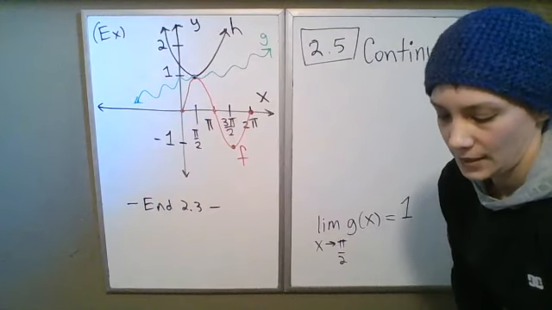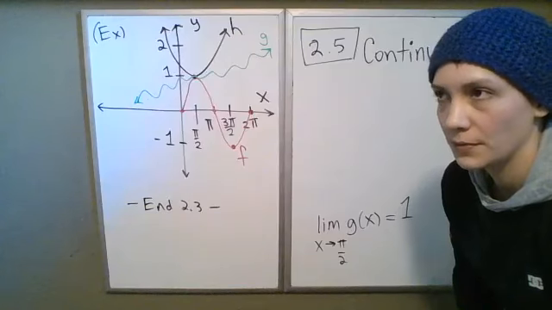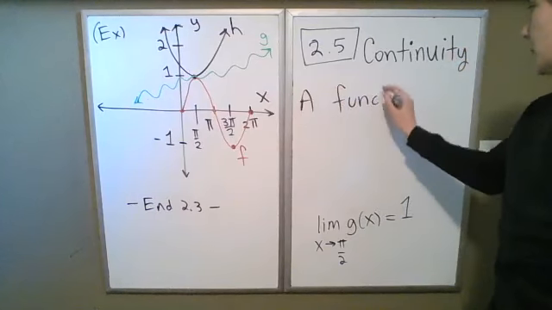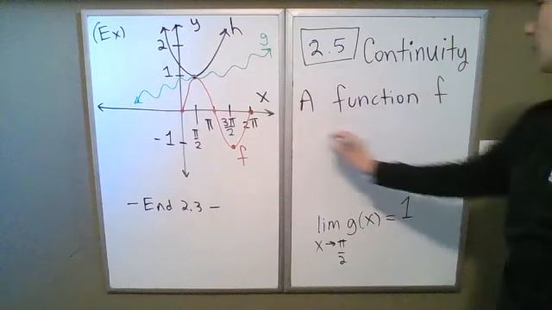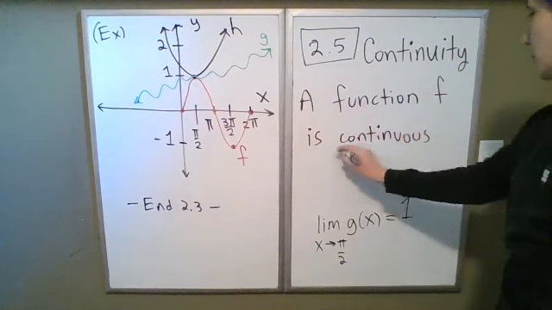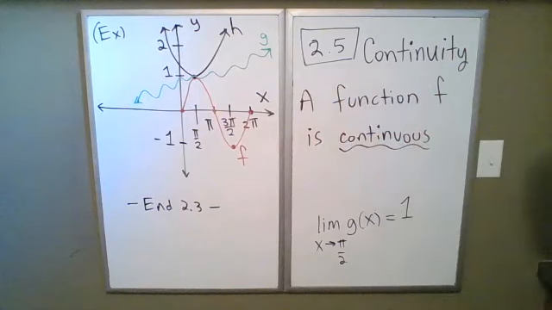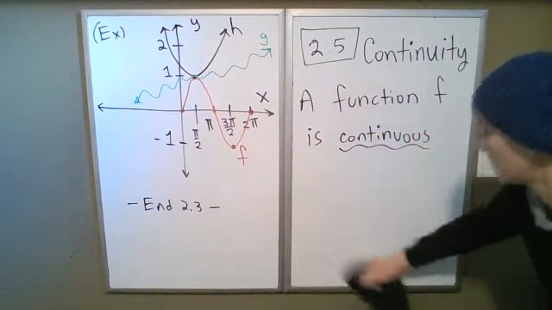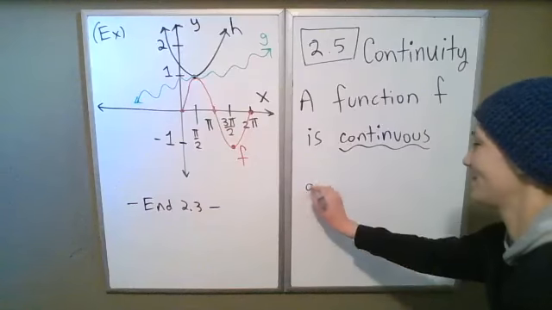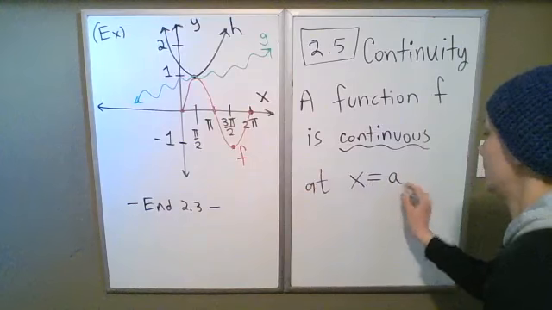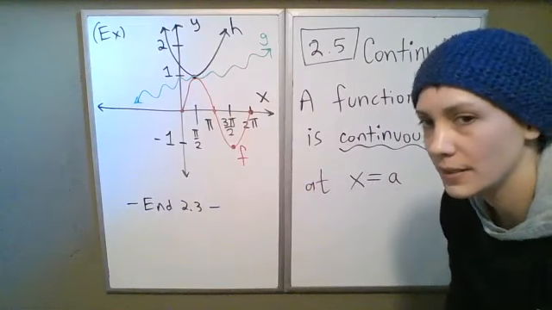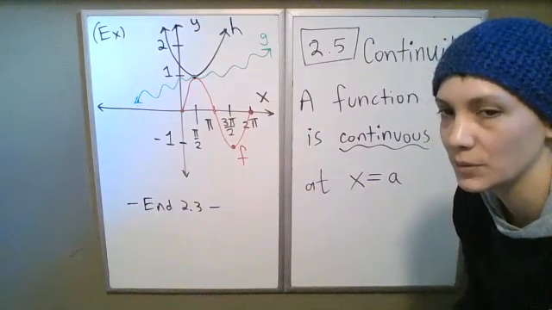I'm going to use these last few minutes to put down that a function f is continuous at x equal to a if the limit as x goes to a of f of x is equal to f of a.